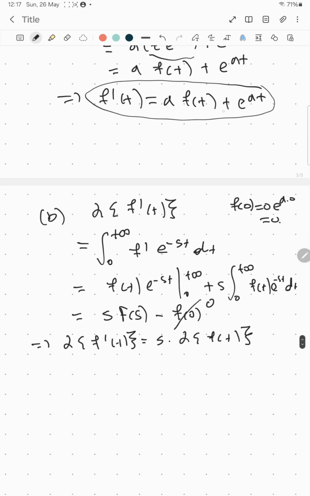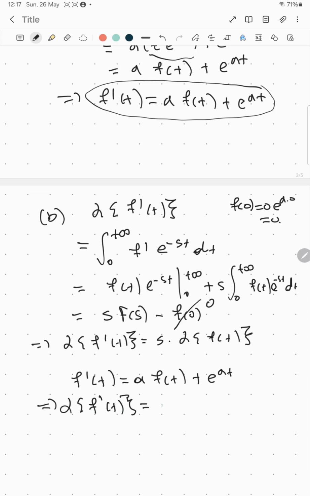Now I go back to this relation here, and I use the Laplace transform on both sides. It's a linear integral transform. So I will have the Laplace transform of the derivative equals the Laplace transform of the product of a times f of t plus the Laplace transform of e to the power of at.